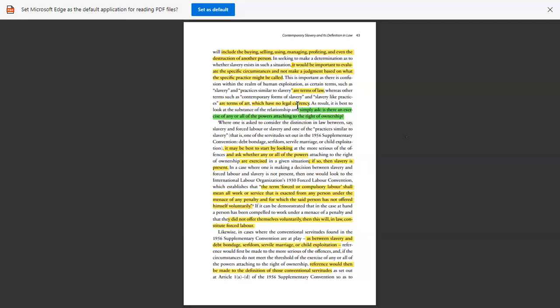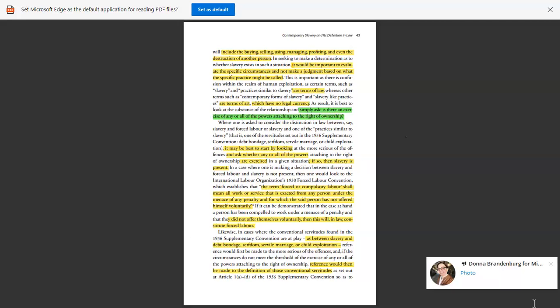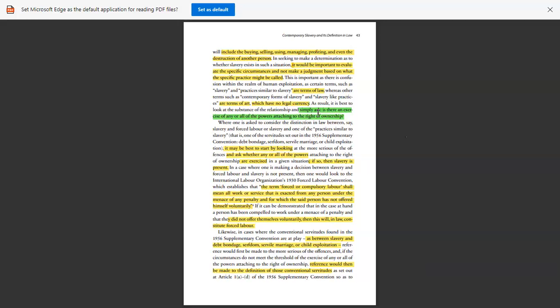So simply ask, is there any exercise of any of the powers attaching to the right of ownership? So if there isn't any use of any of these powers attaching to ownership, then it wouldn't be slavery as a term of law. But if it is practices similar to slavery, then it would have legal currency.